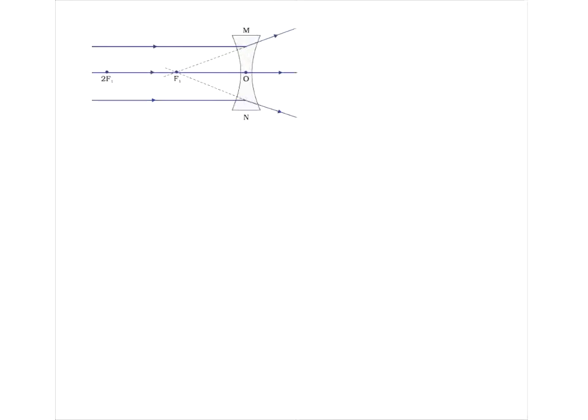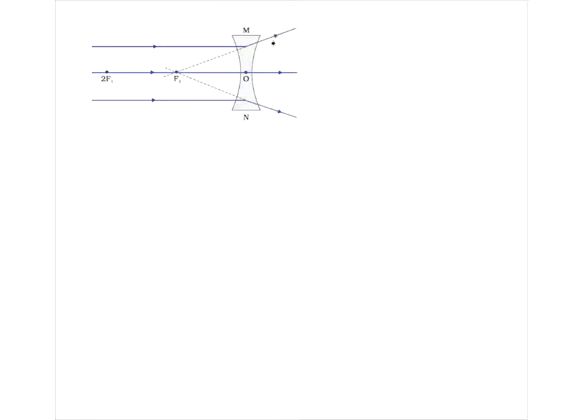It will be erect, it will be virtual. So it is formed at focus. Parallel ray appears to come from F1. Image is formed at focus, point sized, which means diminished substantially. Then it is going to be like this, erect, and it is obviously virtual because refracted rays are here, they are not here. That's it.